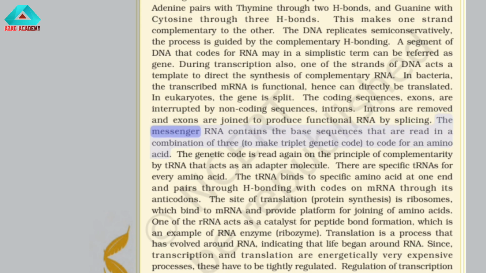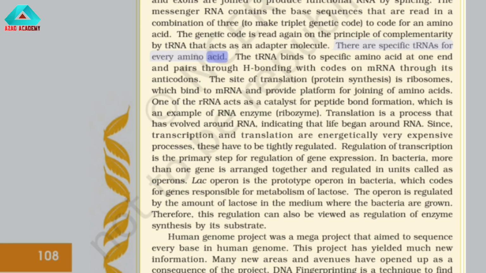The messenger RNA contains the base sequences that are read in a combination of 3 to make the triplet genetic code to code for an amino acid. The genetic code is read again on the principle of complementarity by tRNA, which acts as an adapter molecule. There are specific tRNAs for every amino acid. The tRNA binds to a specific amino acid at one end and pairs through H bonding with codons on mRNA through its anticodons.